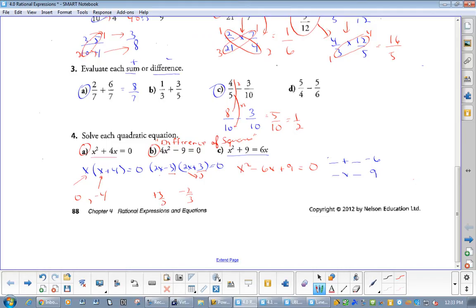Negative 3 and negative 3. So that would be x minus 3, x minus 3. So what does x equal? What makes this equal 0? 3. Is it all coming back to you?